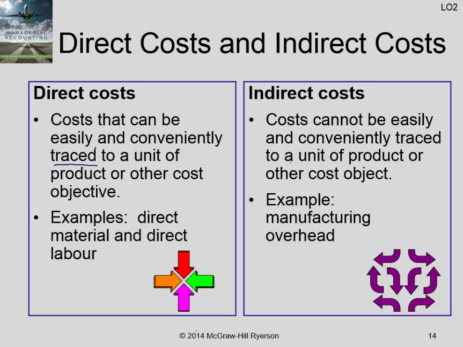So the way we deal with those costs when we're trying to figure out how much to attach to an item is we will allocate them, and that means we'll go through a process of mathematically applying the costs to the item as opposed to tracing and following it. Big long explanation, but that will become clear in the end, and this will become a pretty relevant area of cost classification for us down the road.